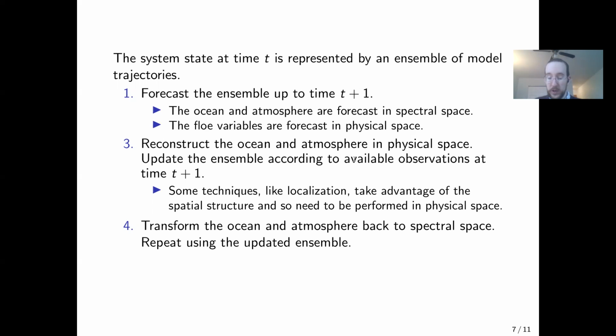So we reconstruct the ocean and atmosphere, perform the update, and then we transform back into spectral space and repeat, right? So it's this interplay between spectral and physical space. So you forecast ocean and atmosphere in spectral space and you update in physical space. And so that's really the meat of the method.